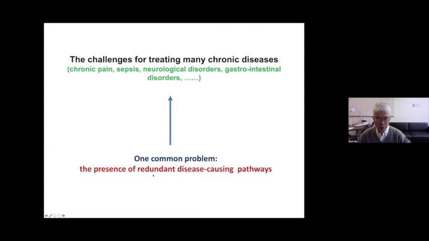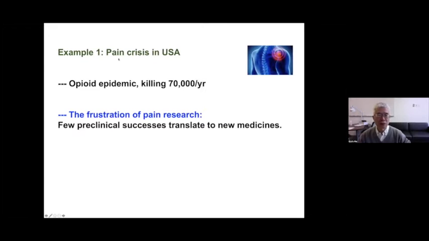It's the presence of redundant disease-causing pathways or redundant symptom-causing pathways. So for example, let's use pain treatment as one example. Besides the pandemic, we also have an opiate epidemic in treating pain within the United States.